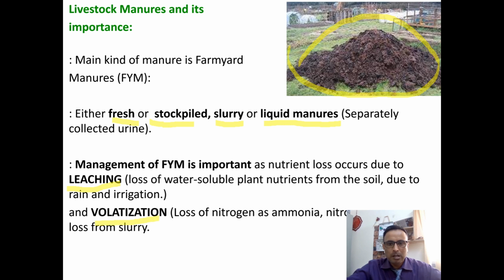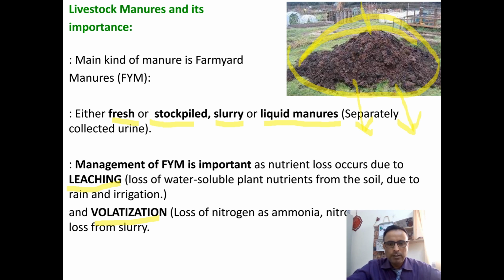Now leaching means that from this stockpiled manure, the nitrogen and the water soluble nutrients slowly go down and are leached into the surface, right? And volatilization means that because the surface is open, the nitrogen can easily go up.